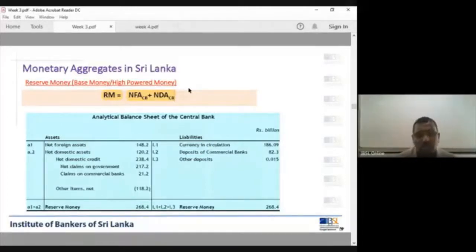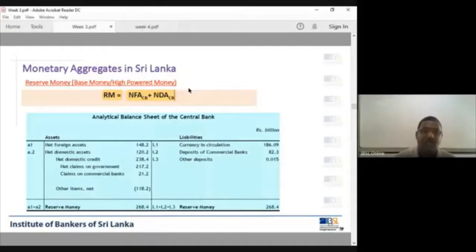So what is the only source? The central bank has injected this 300 billion in new money through what? By giving loans to the government. So the central bank has given enough, or excessive, loans to the government during the last few months.